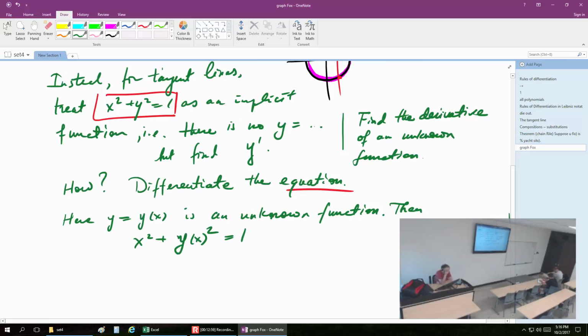So it's an equation of x. It's just that there is a function there that has not been specified. And now we're using this fact, I cannot call it a theorem, so I put it in quotation marks: if two functions are equal, then their derivatives are also equal.